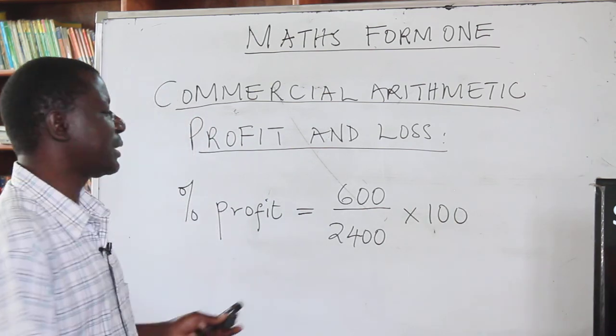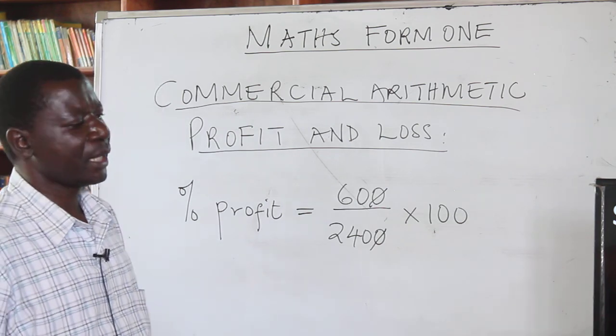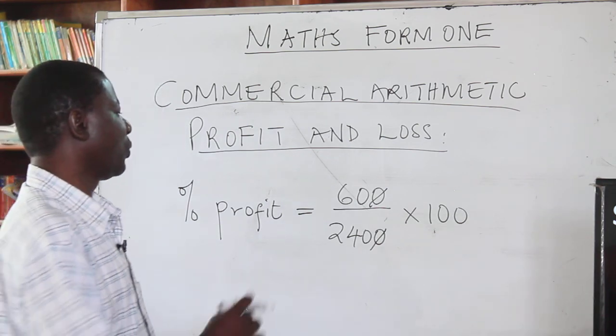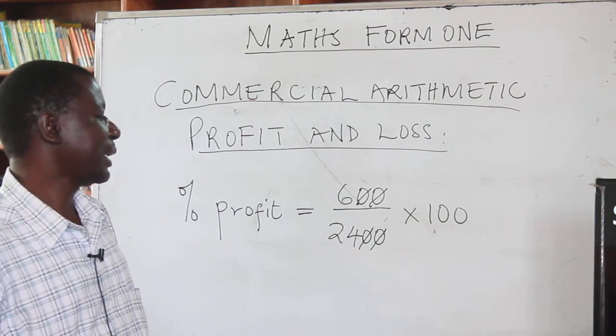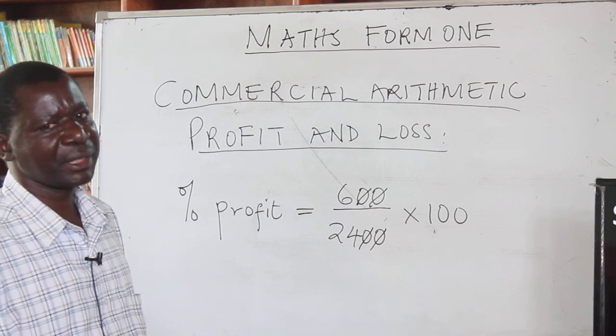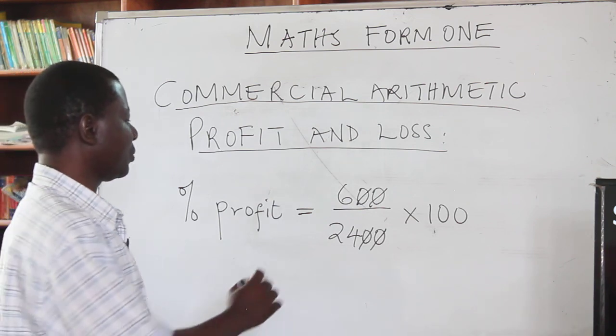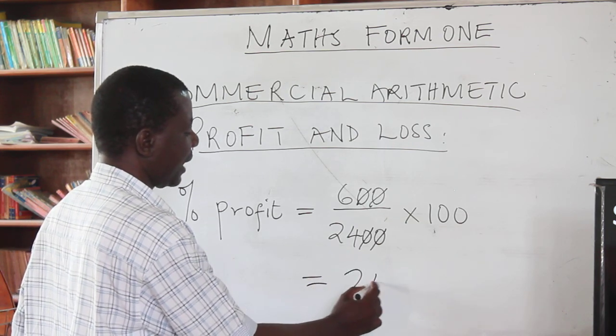That is the same as 60 over 240, which is also the same as 6 divided by 24 times 100. If we divide that and multiply by 100, we simply get 25%.